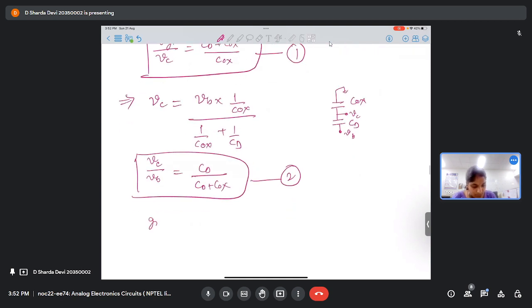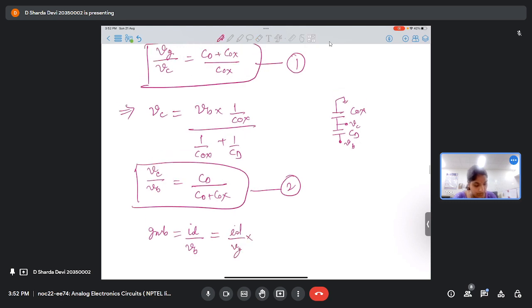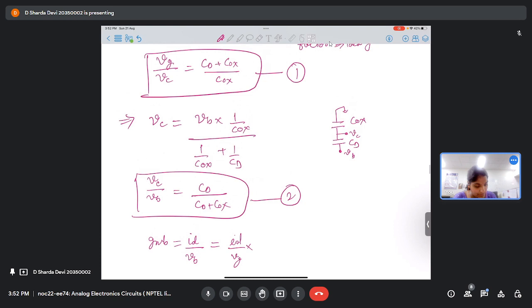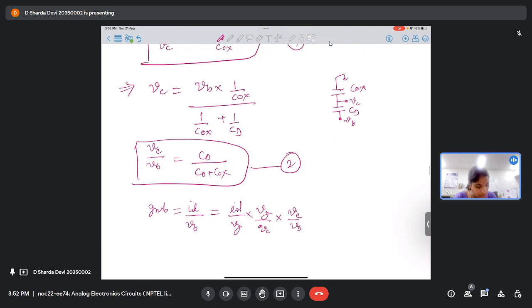So GMB is ID by Vb, that is ID by Vg into Vg by Vc into Vc by Vb.